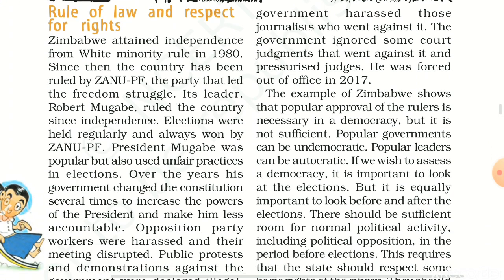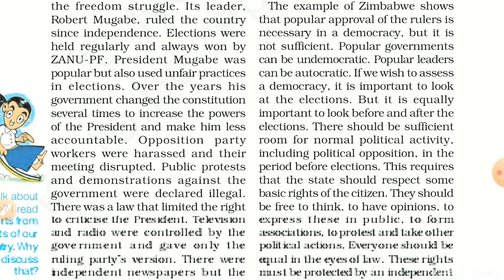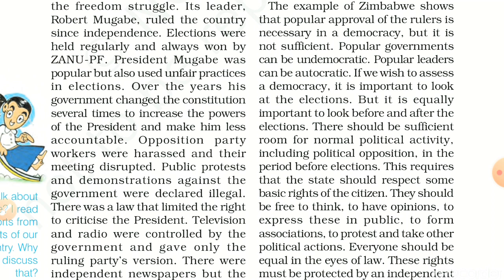So you can say there was also some influence of the president, and his government always changed the constitution and increased the powers of the president, and reduced the accountability of the president. Opposition parties were harassed, and their meetings disrupted.